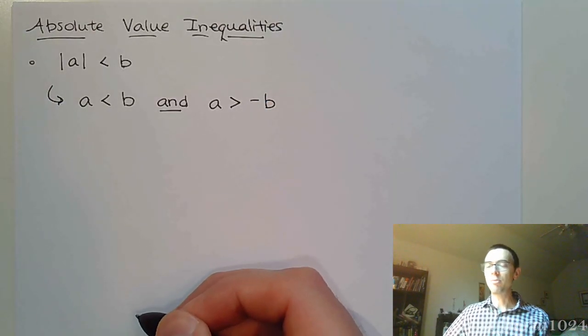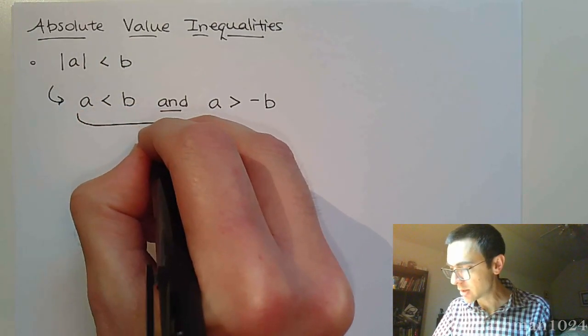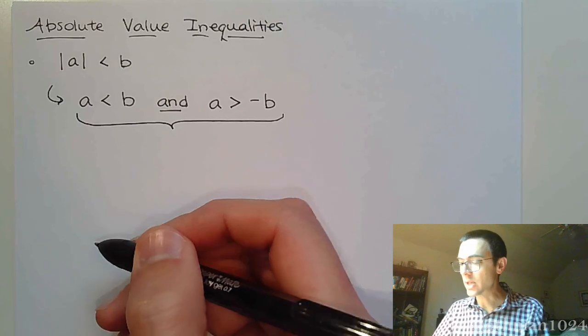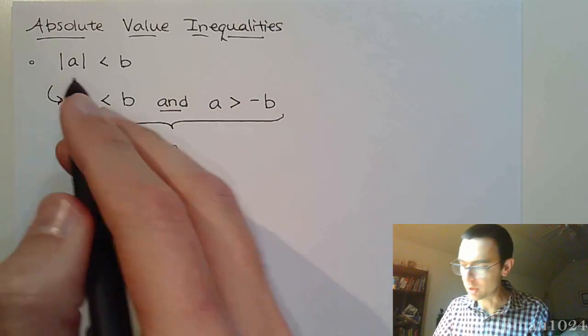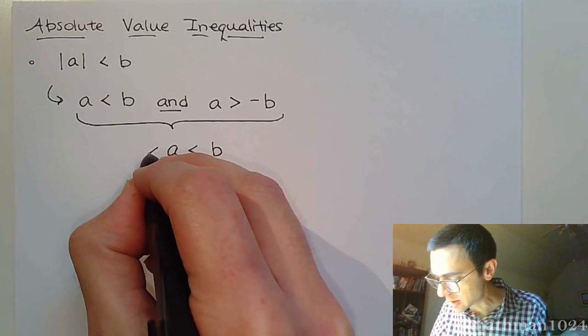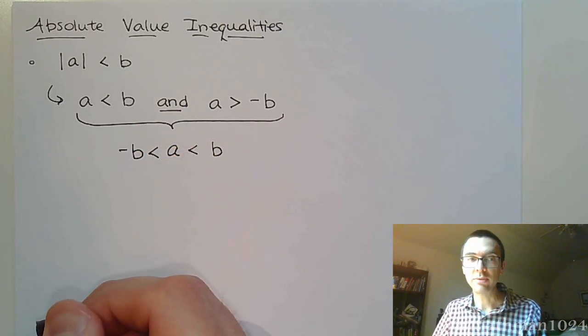Now, most of the time, the way we write this, what's really easiest for us, is that instead of writing and, which is understood to be an intersection, we just say that that expression in the absolute value is going to be bounded by b on the right and by negative b on the left.